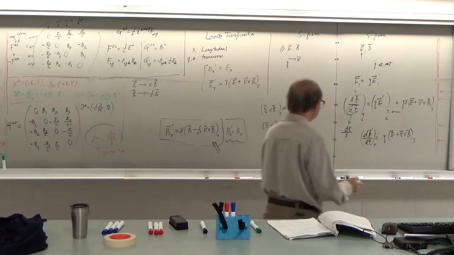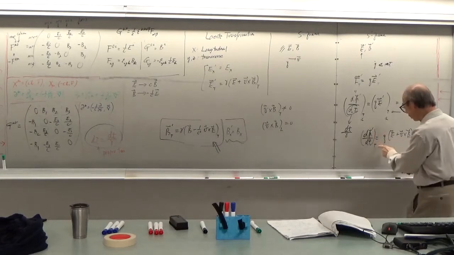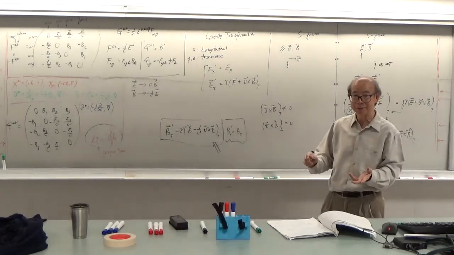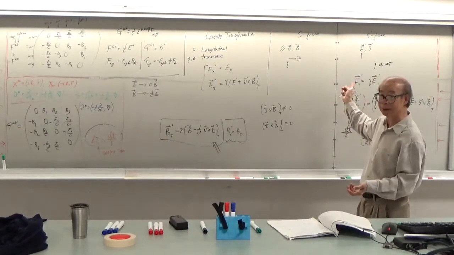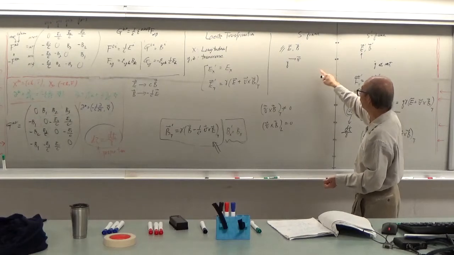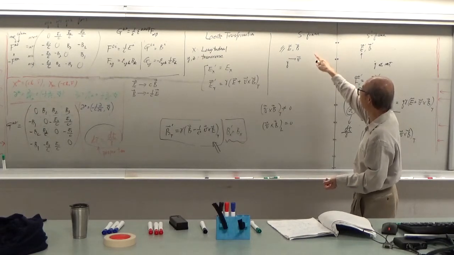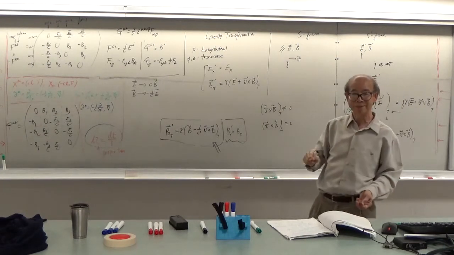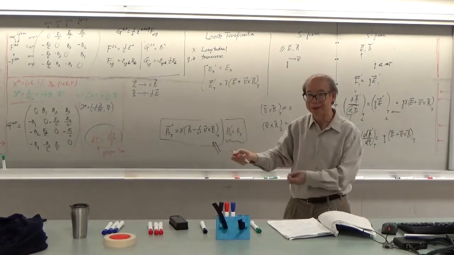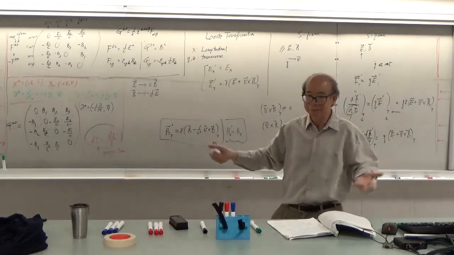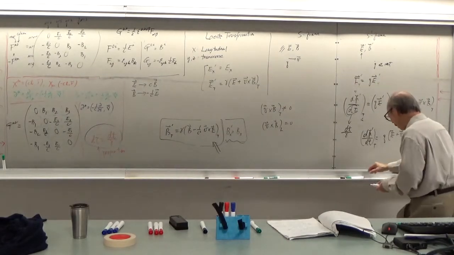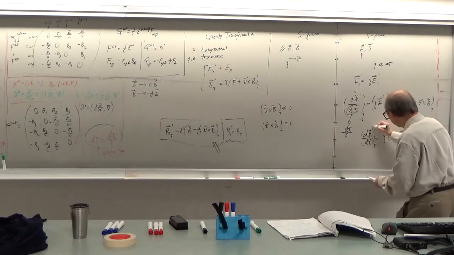But the transverse part of the linear momentum, which is a vector, of course, is the same in both frames of reference, the S frame and the S prime frame, just like y and z are invariant. So in fact, I can eliminate the prime.